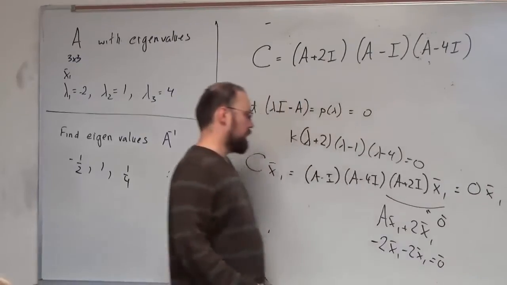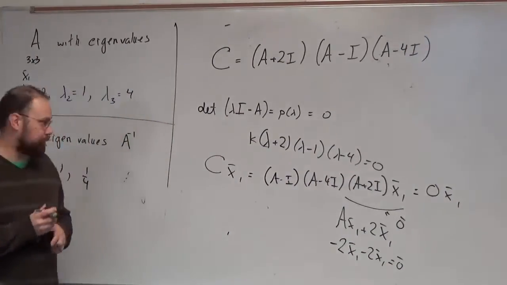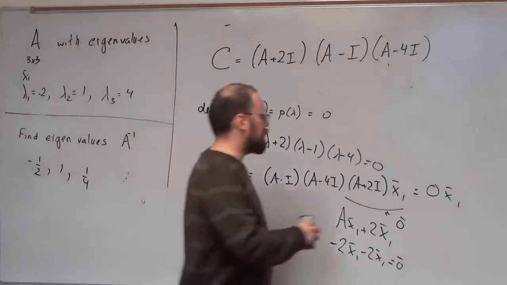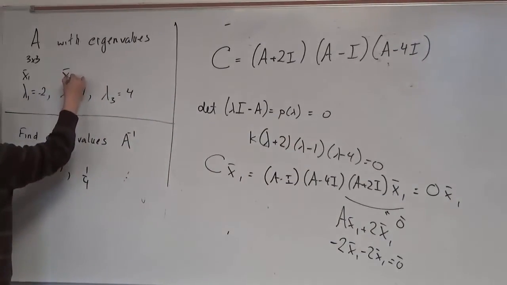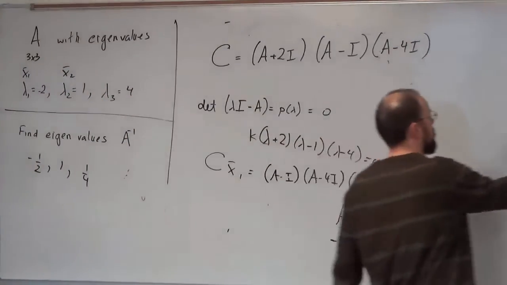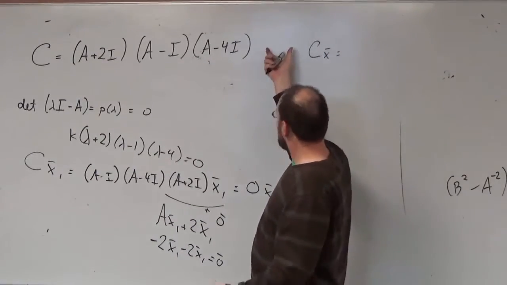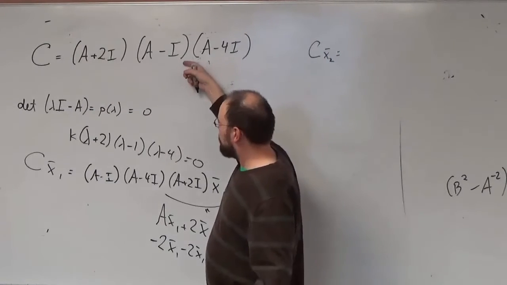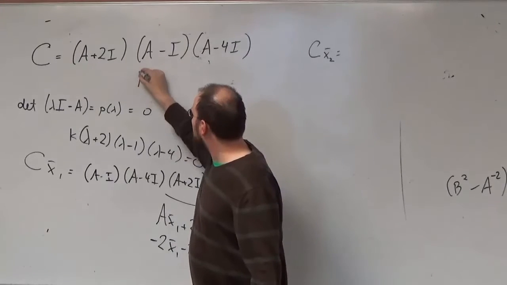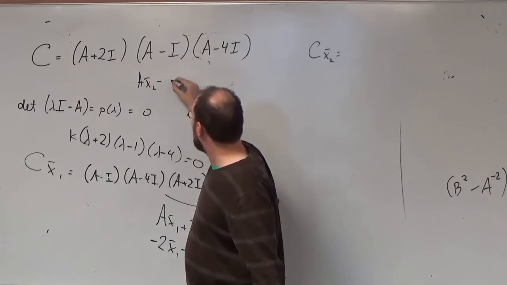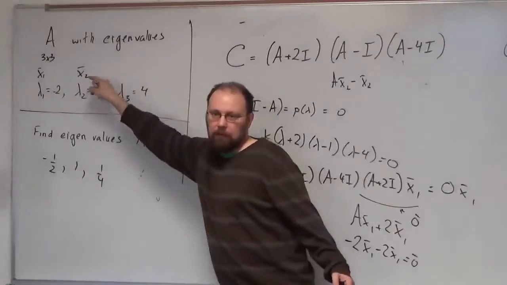So it looks like 0 is an eigenvalue of C. And you repeat the process. If I took the second eigenvector for A, associated to this eigenvalue, and I say C times x2, by rearranging I see that when x2 gets multiplied by this, you get 0. Because you get A times x2 minus x2. But A times x2 is just 1 times x2.